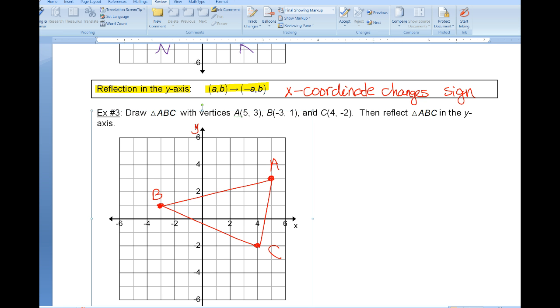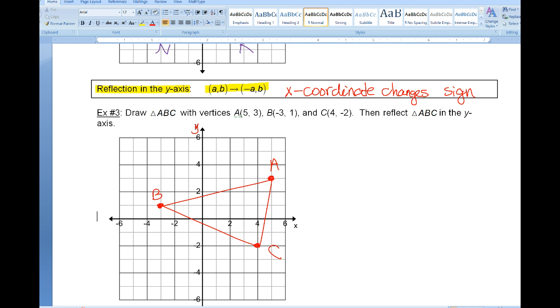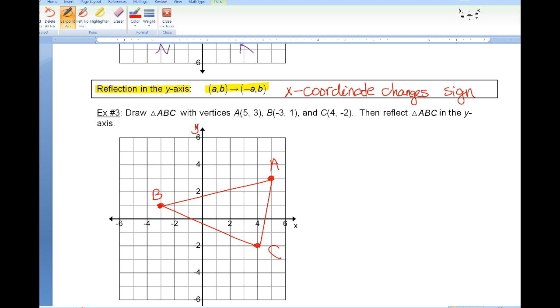Now go ahead and do the next one. Yeah, go ahead and draw. Right, this one goes across. So if A is over here at 5, 3, it becomes negative 5, 3. Okay, so here's your A prime.